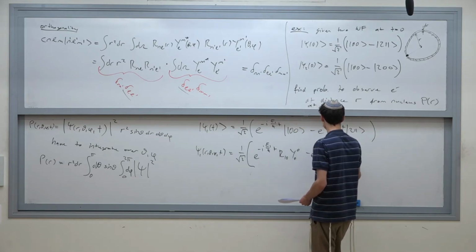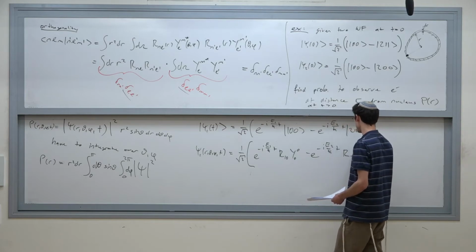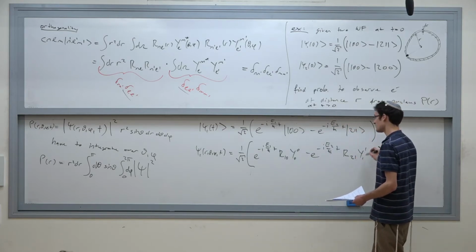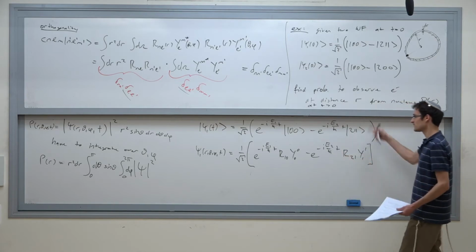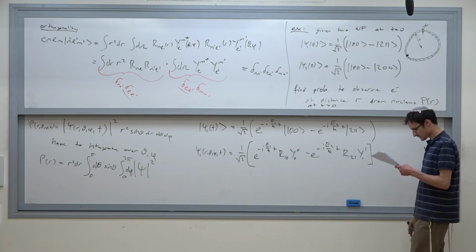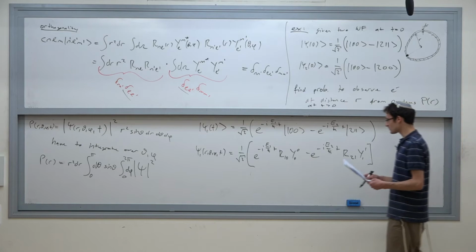And the same thing for the second function. The radial function carries the quantum numbers 2 and 1, and it's the spherical harmonic Y11, which is going into projecting onto position space.